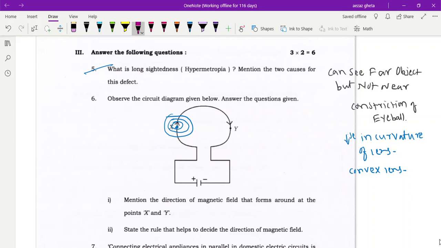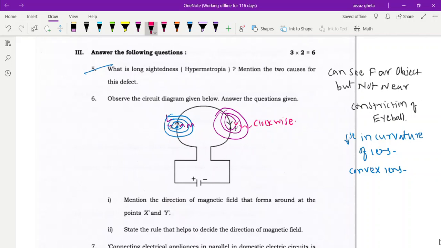Yes, the right hand thumb rule. In this case it will come in the anti-clockwise direction, remember. In the other case it will come in the clockwise direction, remember. So at X it is anti-clockwise, at Y it is clockwise.